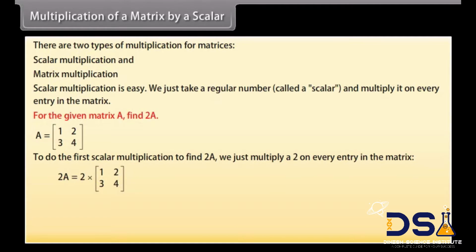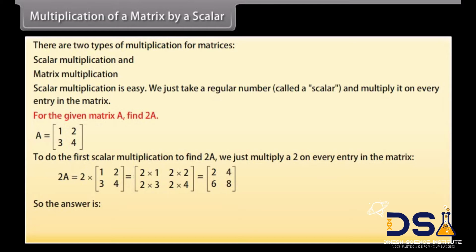2A is equal to 2 into the matrix, first row 1, 2, second row 3, 4, which is equal to the matrix, first row 2 into 1, 2 into 2, second row 2 into 3, 2 into 4, which is equal to the matrix, first row 2, 4, second row 6, 8.